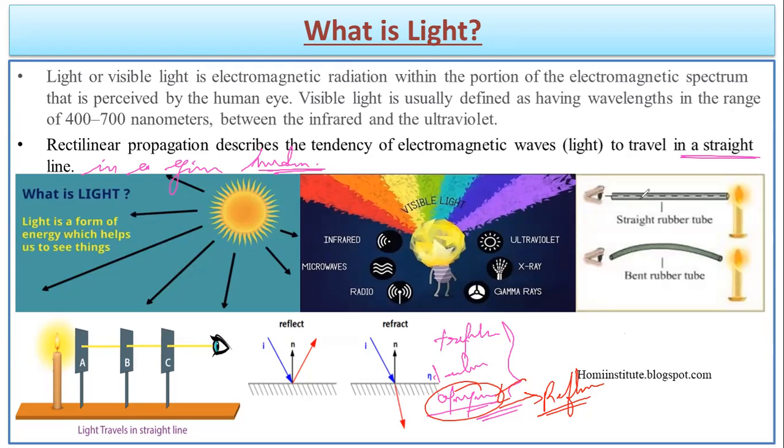But when we observe transparent and translucent objects, then light rays can pass through them. From translucent, light rays can partially pass through, and from transparent, light rays can completely pass through. So when the light rays pass through there, we will observe refraction of light.